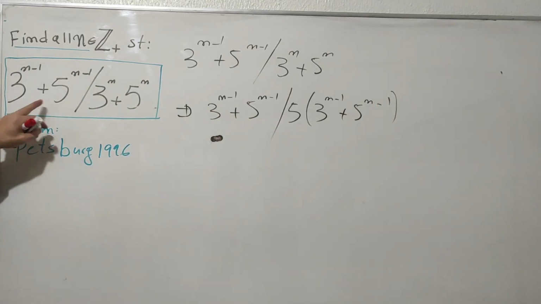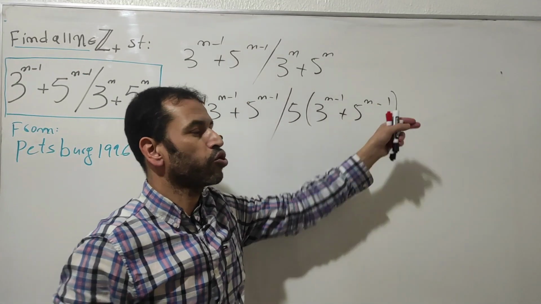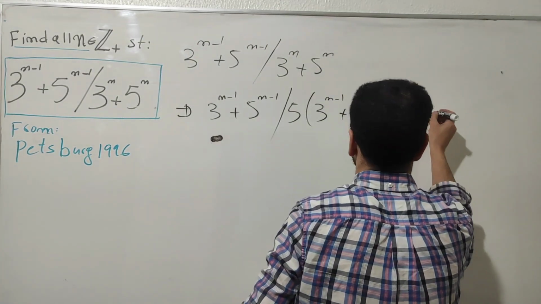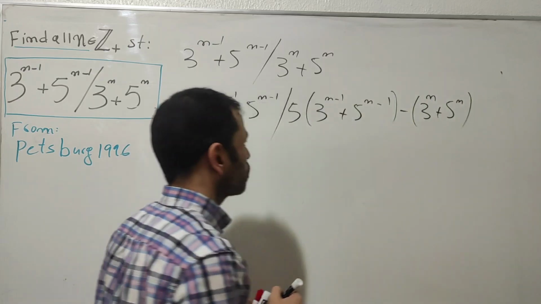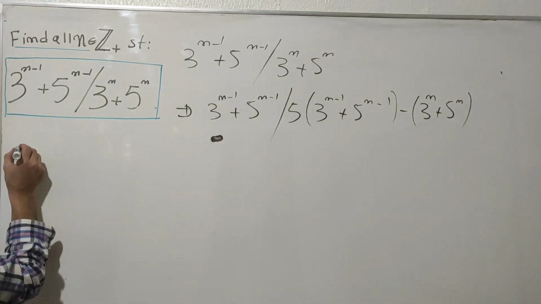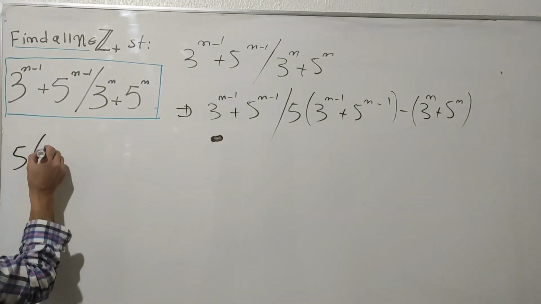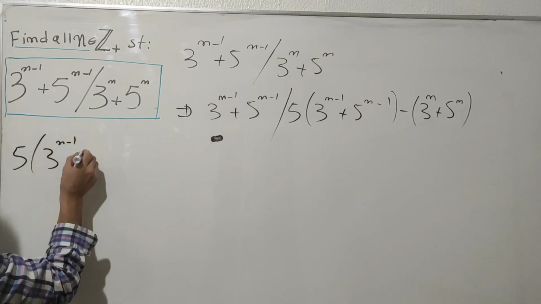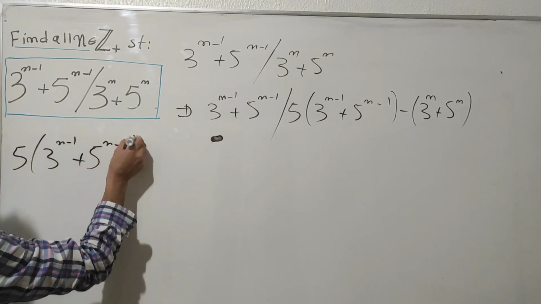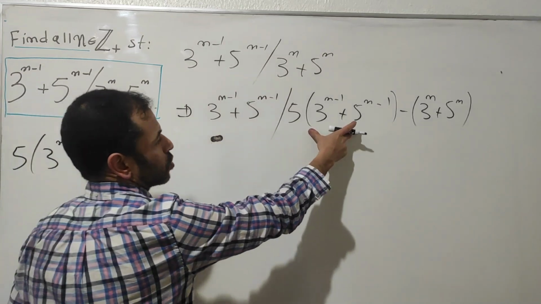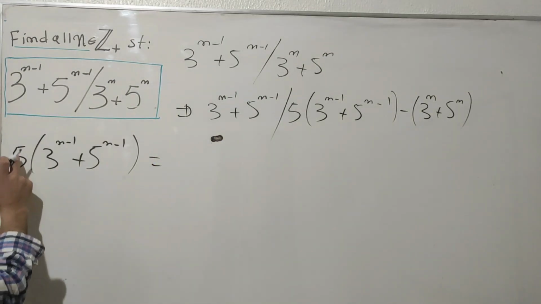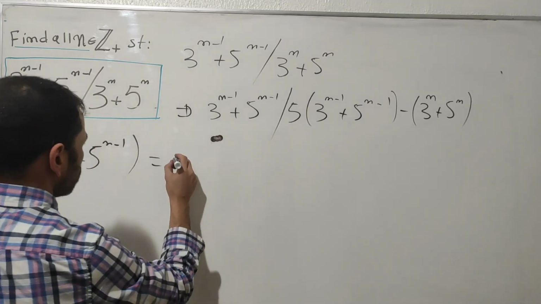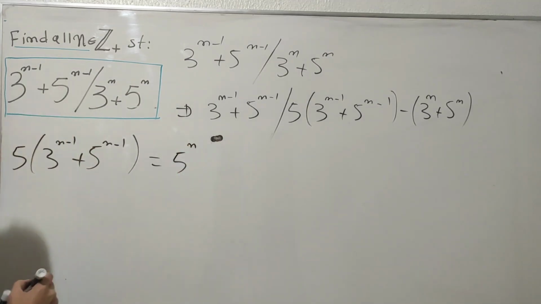Since this one divides this one, I'm going to add or subtract the same term, minus (3^n + 5^n). So we get 5 multiplied by (3^(n-1) + 5^(n-1)). Notice we are working on this one only. I'm going to distribute the 5 with this one, so I will have 5^n.